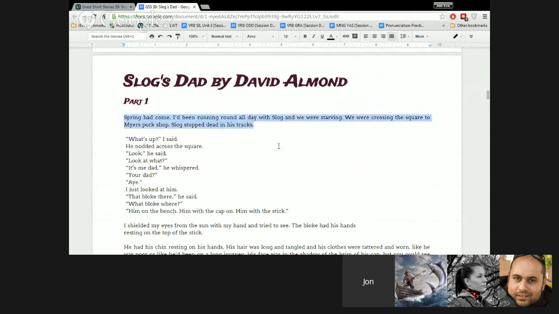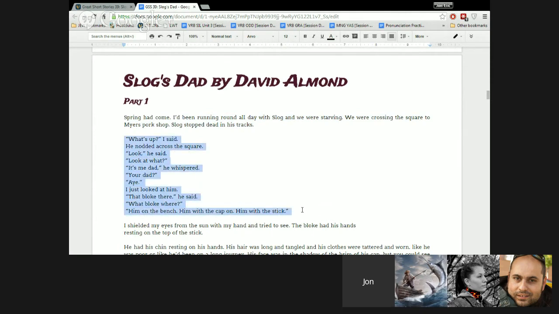"Spring had come. I'd been running around all day with Slog." This is the narrator of the story. "We were starving. We were crossing the square to Meyer's pork shop. Slog stopped dead in his tracks."